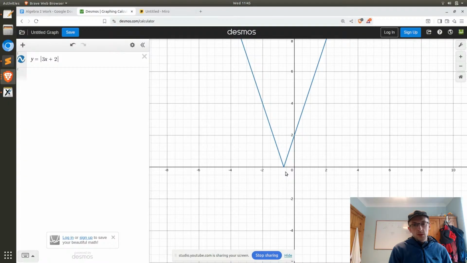You can sort of see already that it's negative 2/3. The way to get the vertex is just to solve it ordinarily, and that's how you get the x-intercept, where it crosses the x-axis. So you just solve this linear function, so negative 2/3.